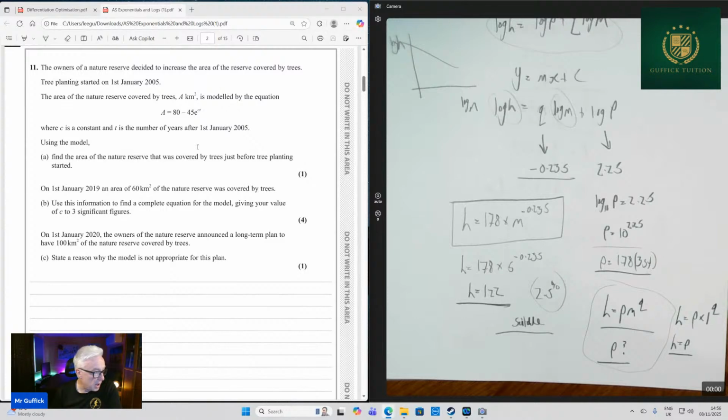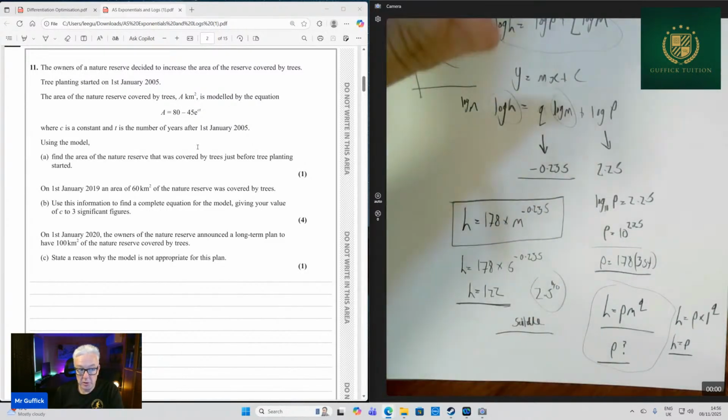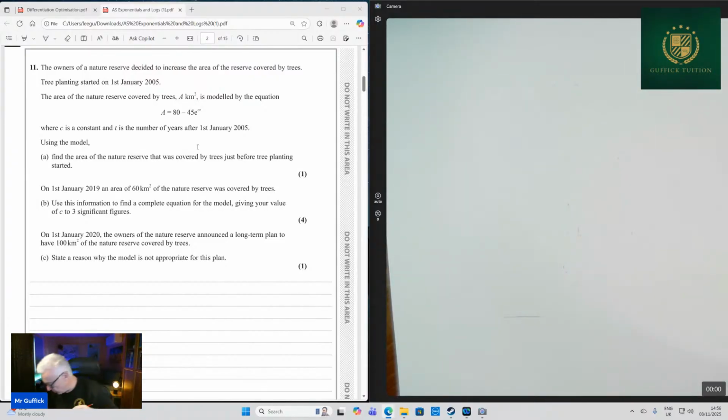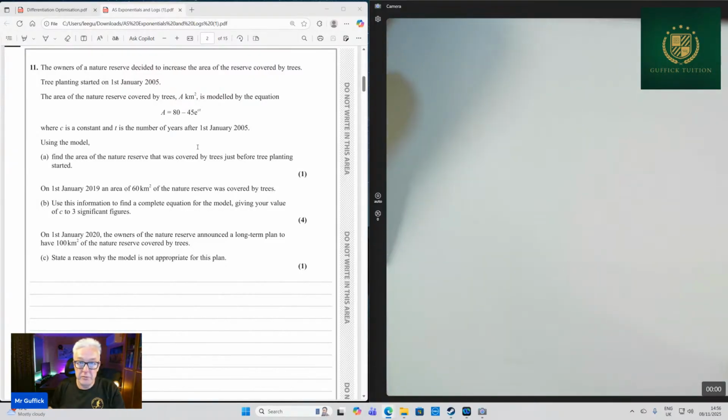The third type of question that I wanted to look at is an exponential modeling question. Okay, again, they absolutely love these exponential modeling questions, and I think they're a really nice way to pick up some marks. Okay, so it says this, I like this question. It says the owners of a nature reserve decided to increase the area of the reserve covered by trees.